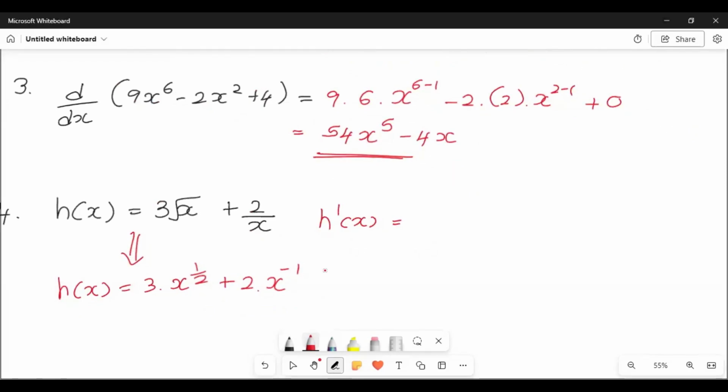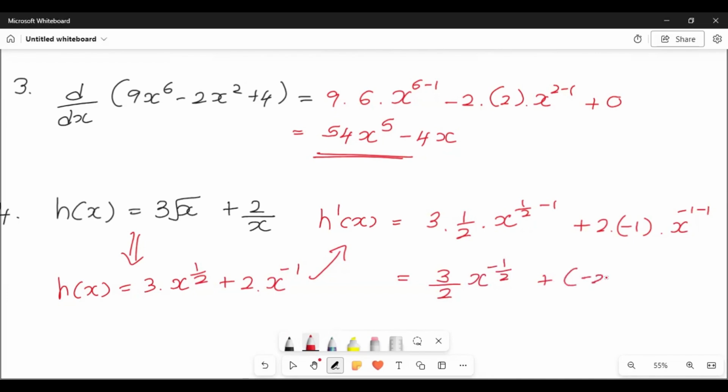So h dash x is going to be 3 times half times x to the power of half minus 1, plus 2 times minus 1 times x to the power of minus 1 minus 1. So the answer is going to be 3 divided by 2 times x to the power of negative half, plus negative 2 times x to the power of negative 2.